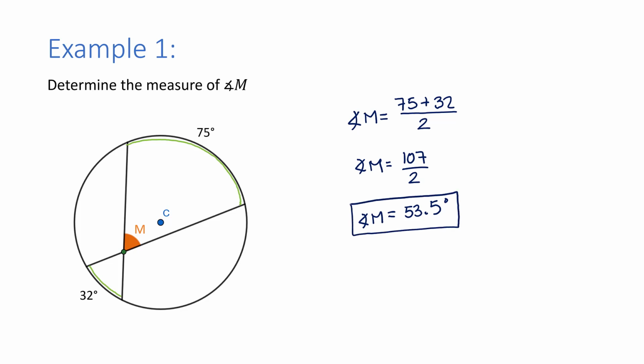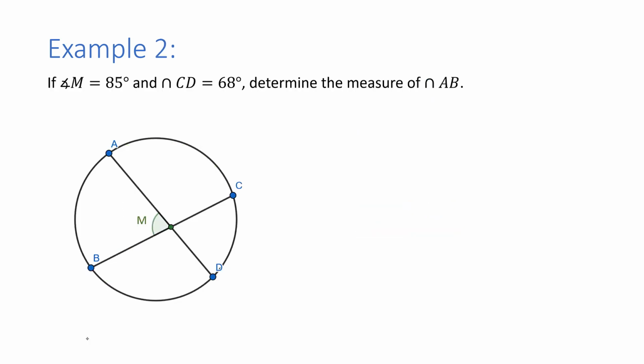There. Let's solve a second example. If angle M equals 85 degrees and arc CD equals 68 degrees, determine the measure of arc AB. Let's write the values in the diagram. Angle M is the interior angle, and the information says that it measures 85 degrees.